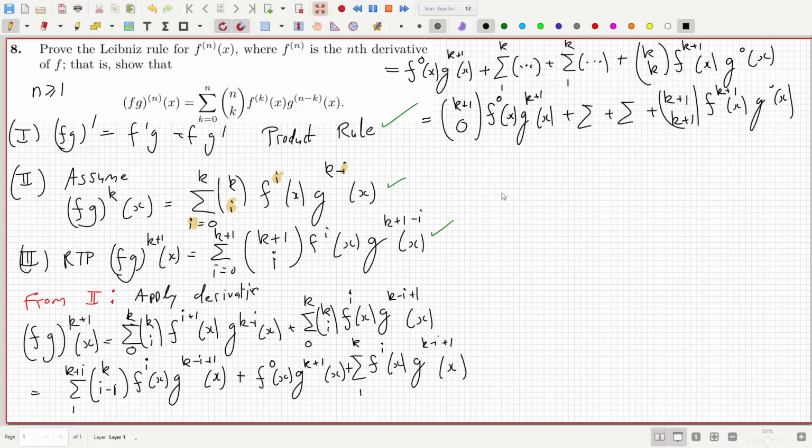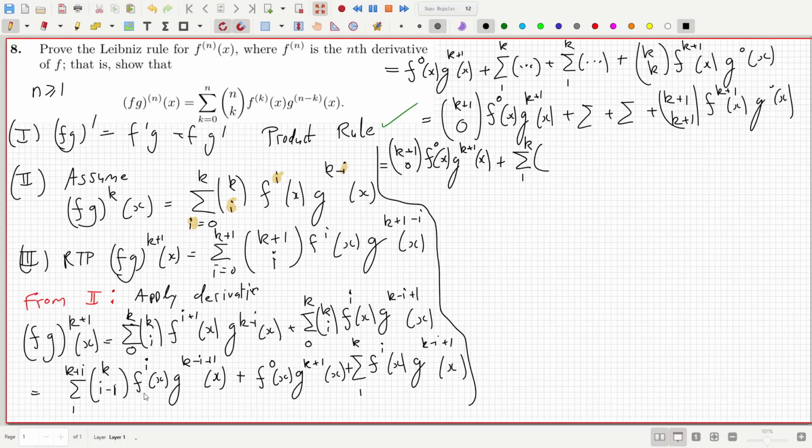Okay, now I need to clean up a little bit here. So the first piece, k plus 1 choose 0, f 0 g k plus 1 x. And these two sums now, they have the same index, so I can put them together. Same summation symbol.